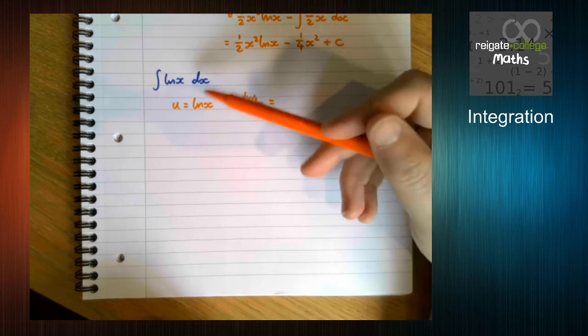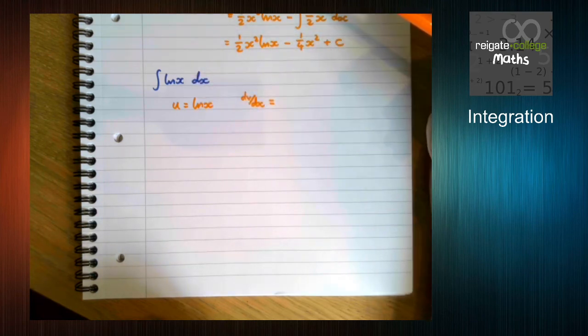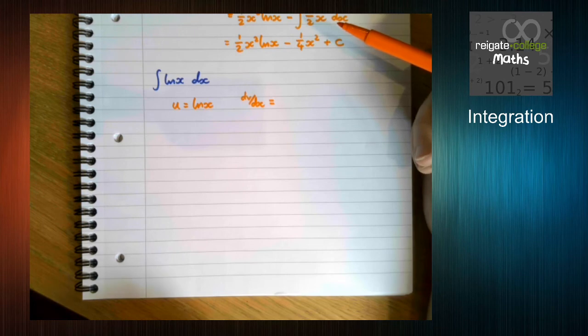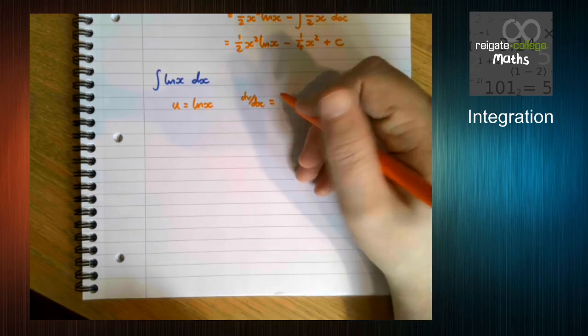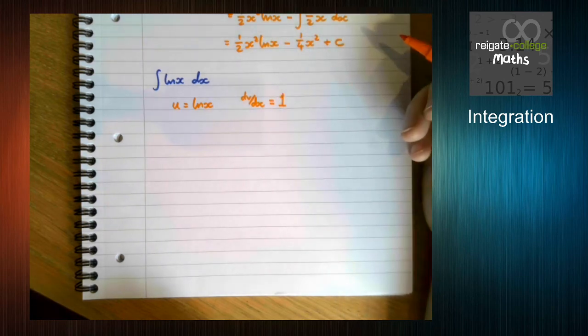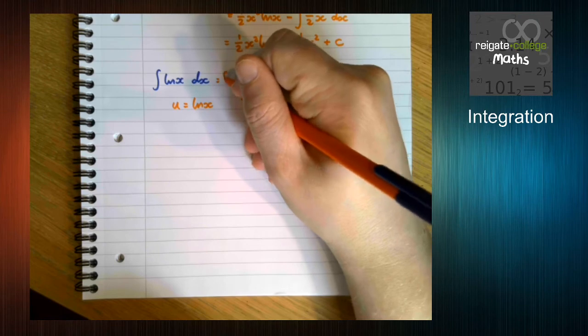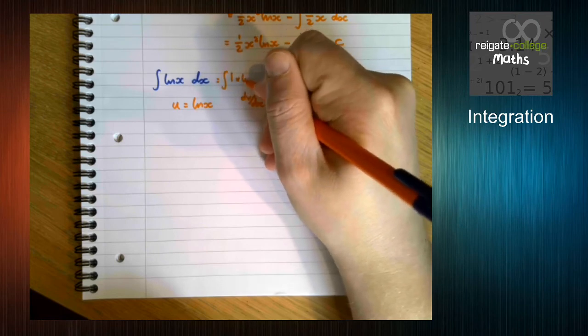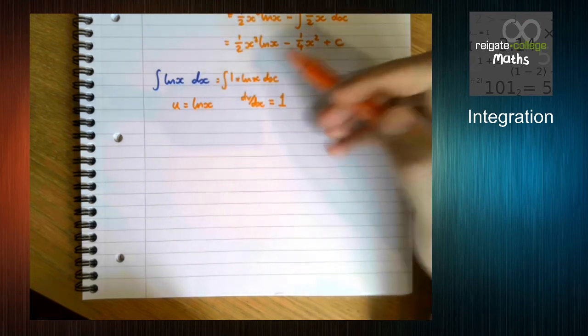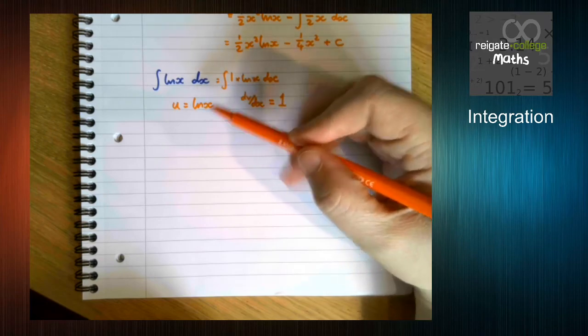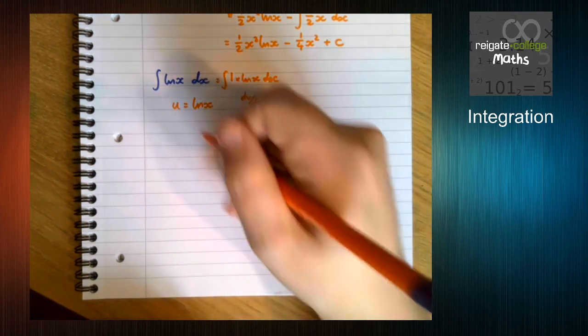What function are we doing a product of here? There isn't one. dv by dx is 1. This is the same as 1 times ln x. And this is the way you must think about this integral in order to work it out.